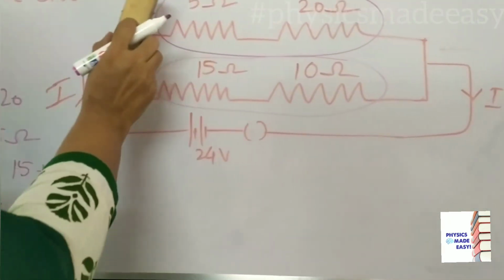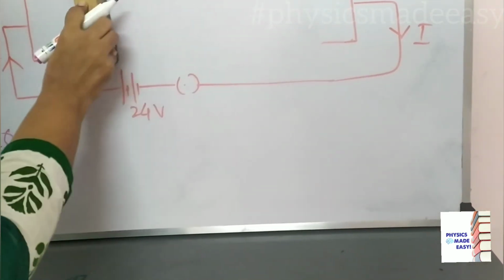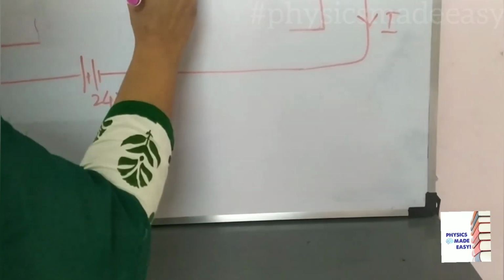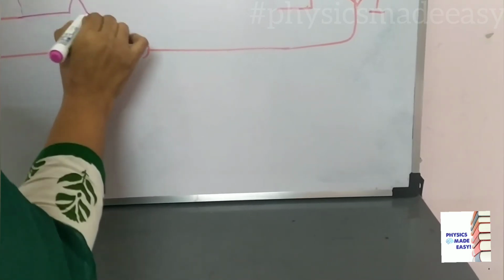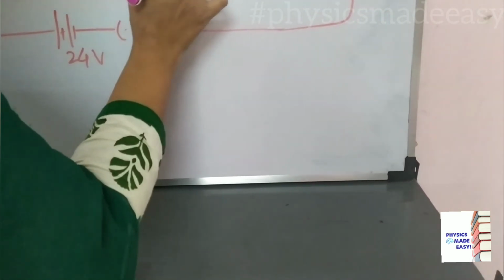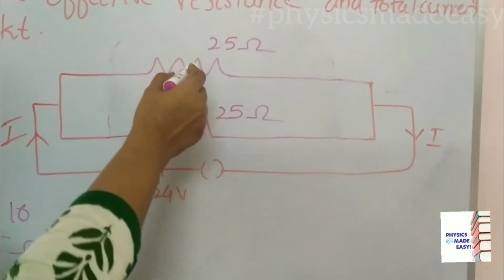Now we are going to find the effective resistance. So here we can replace the first combination as 25 ohm and the second combination again by 25 ohm. Now you can see these two are connected in parallel.